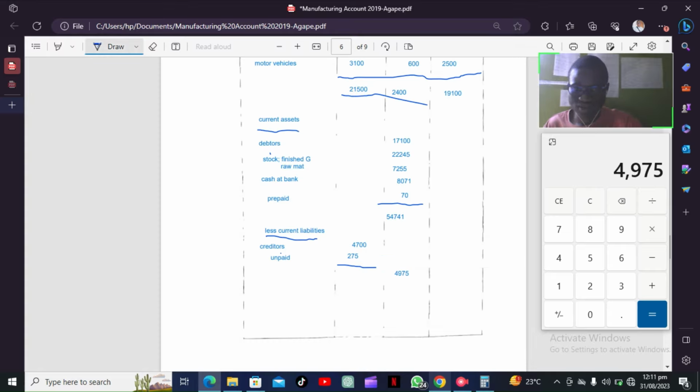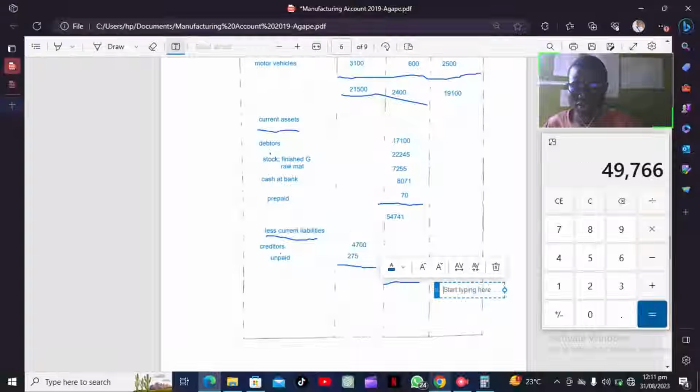Then from there, we're going to less this. When we less 4,975, how much are we getting? We're getting this figure here. Going to write it now on the middle column.